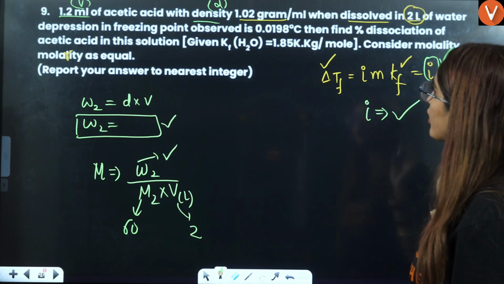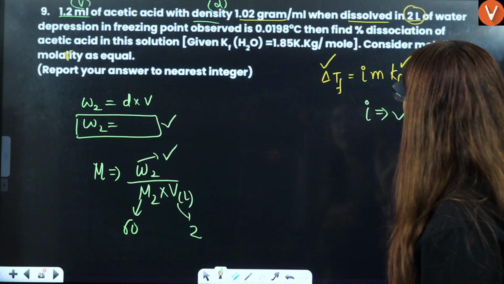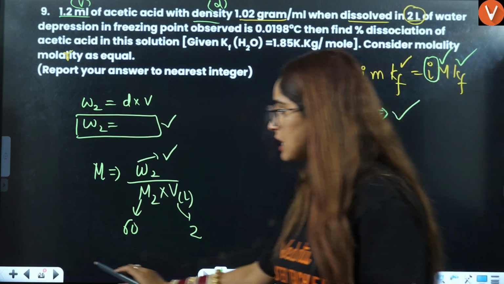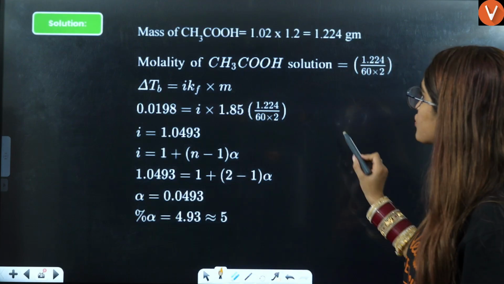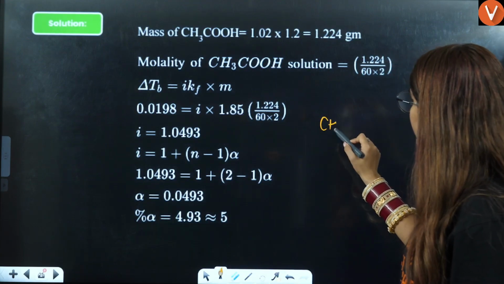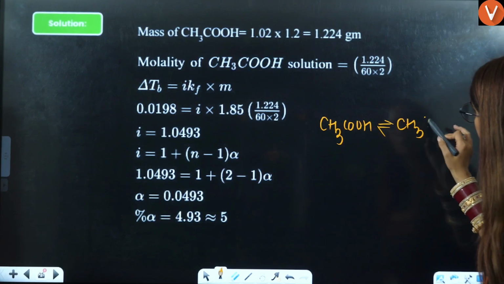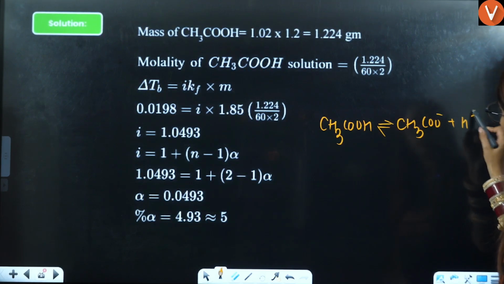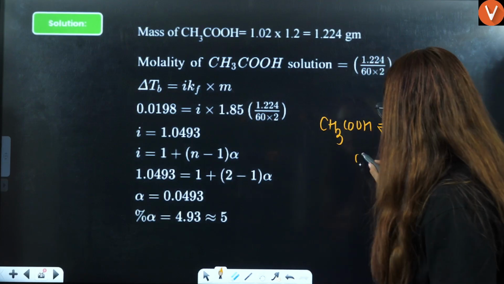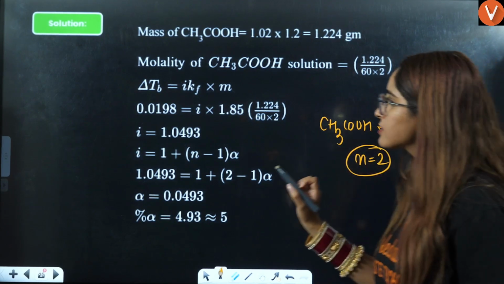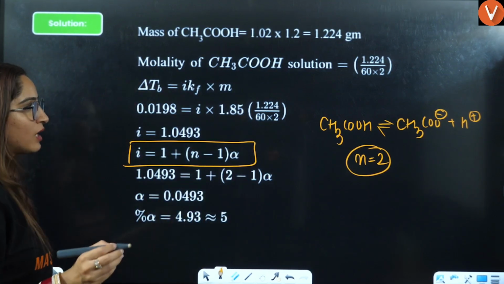Once you know the value of the Van't Hoff factor, report your answer to what they are asking: find the percentage dissociation. CH3COOH gives rise to CH3COO negative plus H positive. It dissociates into 2 moles here, so n is equal to 2. The formula is i equals 1 plus (n minus 1) alpha.